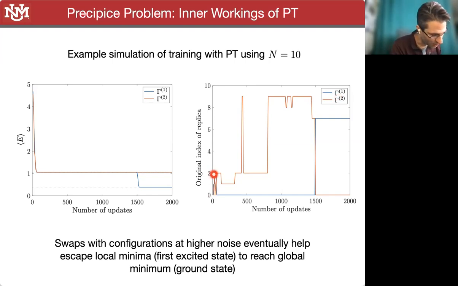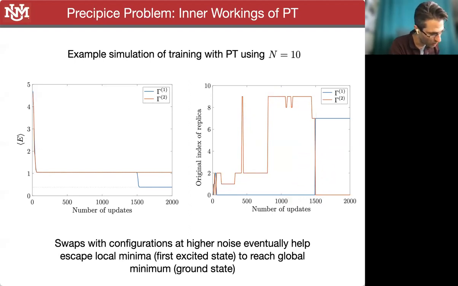Ignoring this initial craziness, for this particular realization of the experiment, the replica that was originally at zero noise stays at zero noise for all this period, whereas the configuration at the one above noise is swapping with the other replicas. So it's the original index 2, then 1, then it's jumping to 9, back to 2, 9, 8, etc.